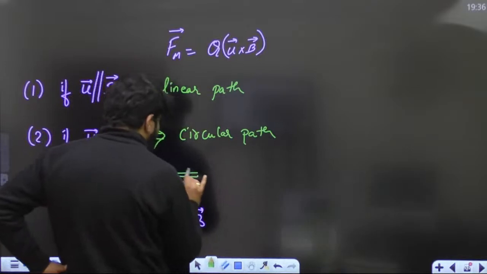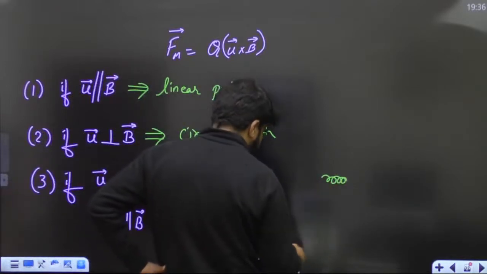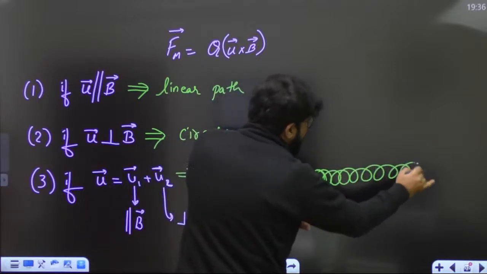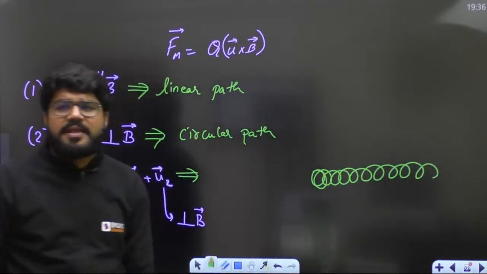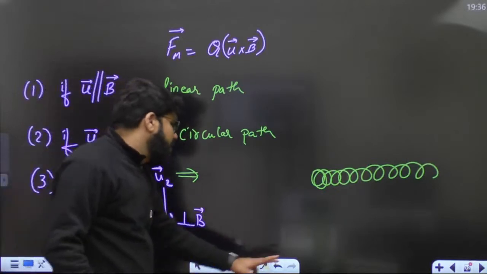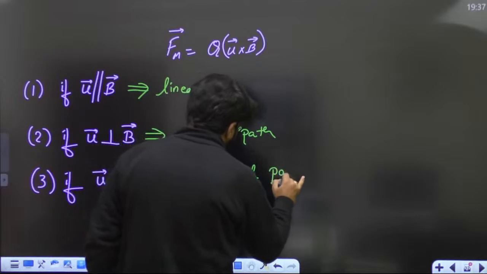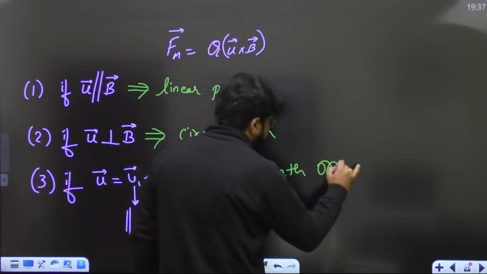One component will try to make the particle move in a circular path, but the other will try to make it move in a straight linear path. One takes it forward, the other rotates it in a circle, so it will form a helical path. Then the particle will be moving in a helical path.